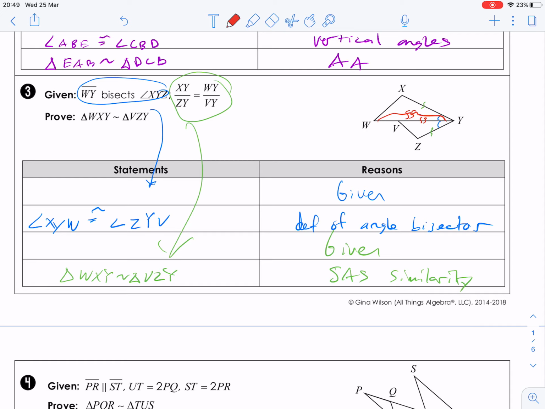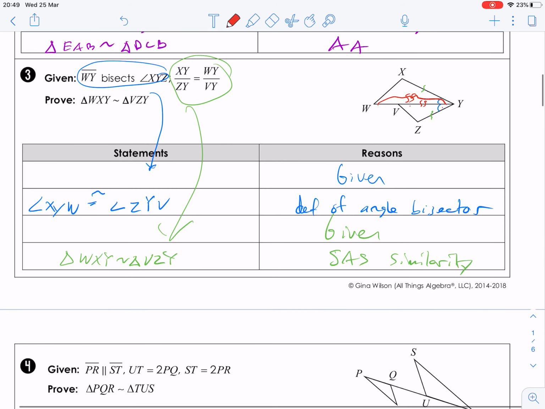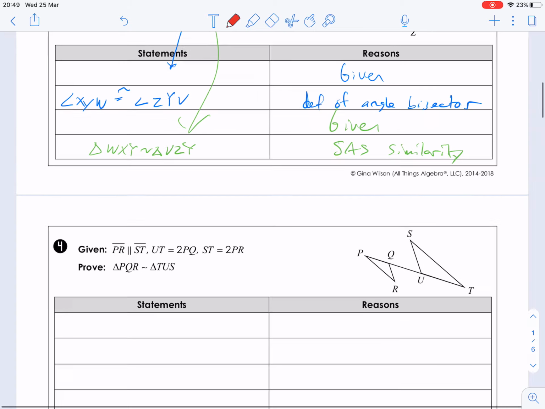Therefore, we have a side angle side, side angle side, therefore SAS similarity, okay? These are going to equal some scale factor. Let's say it is 2. And since the XY is bigger on top and the ZY and VY is smaller on the bottom, it's going to be bigger than 1. So it very well could be 2. Okay, so let's try another one.